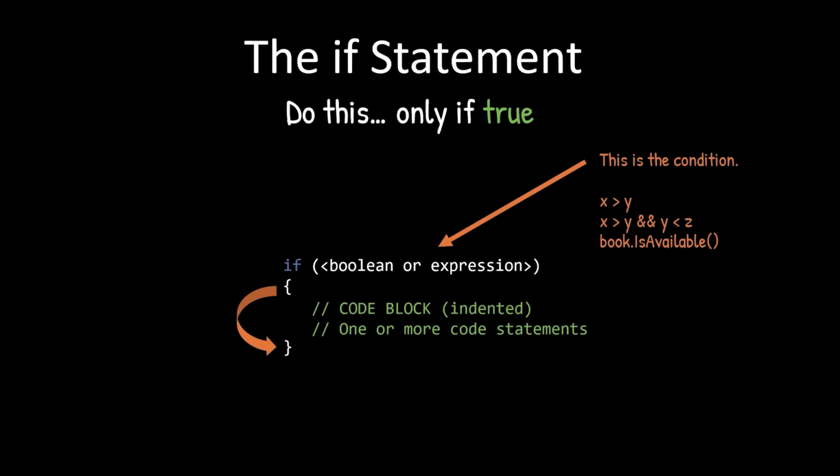If the condition is false, the code block statements will be skipped, and the program will jump to the next statement after the code block. Now, take note that there is no semicolon after the curly braces. If you go back to our previous tutorials, I mentioned that statements either end with a semicolon or a code block. The if statement is an example of a statement that ends with a code block.